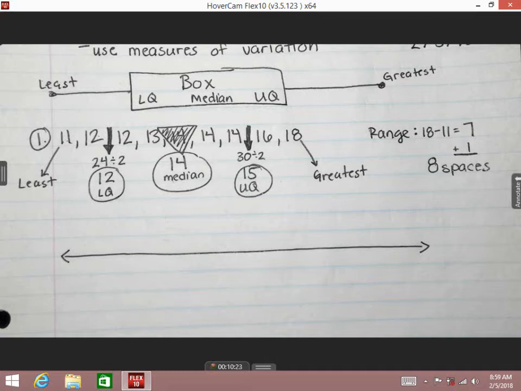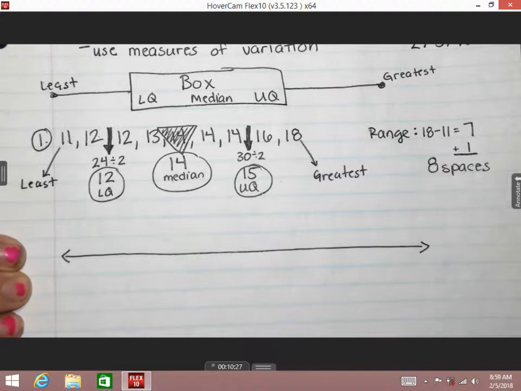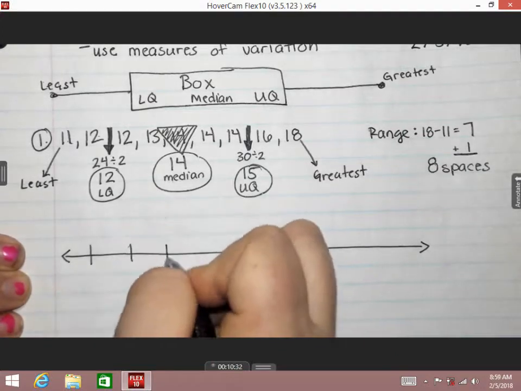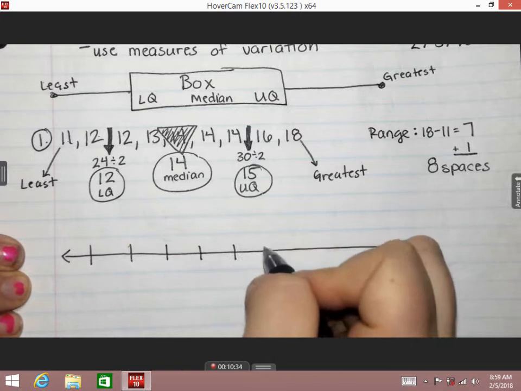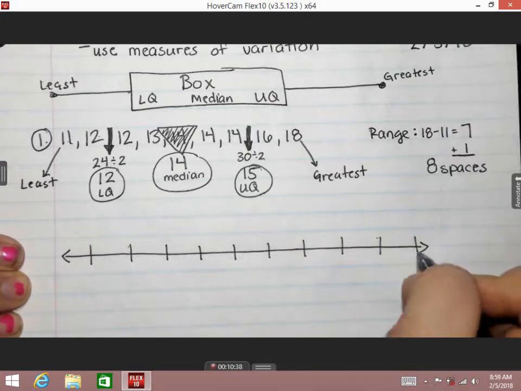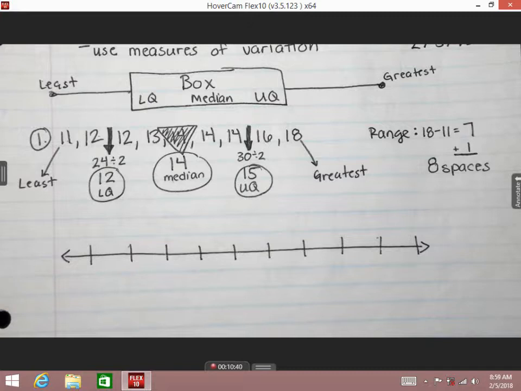No, definitely not, okay? So when I'm doing my space marks up here, I'm going to make sure I have at least 8. I'll probably end up having more. So 1, 2, 3, 4, 5, 6, 7, 8, 9, 10. So I have 10 space marks, which is fine. You need at least 8.